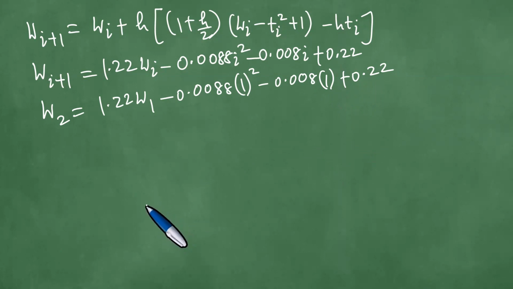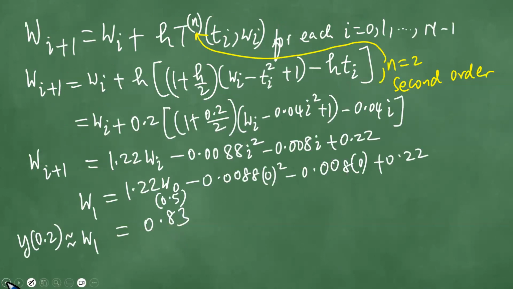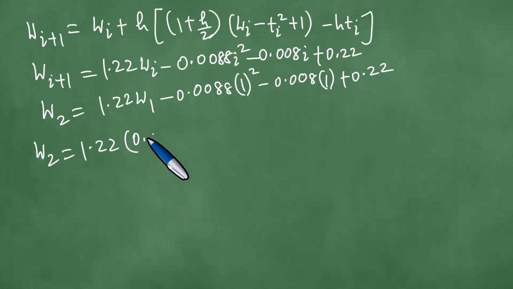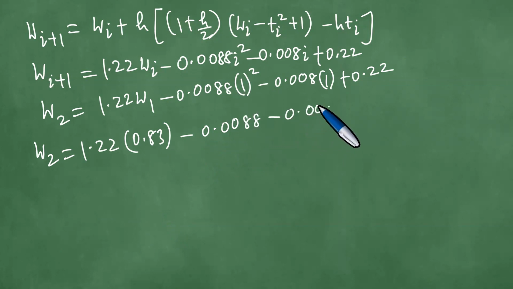So, all right, W2: 1.22 W1, what is it? 0.83 minus 0.008. This is just 1 minus 0.008.